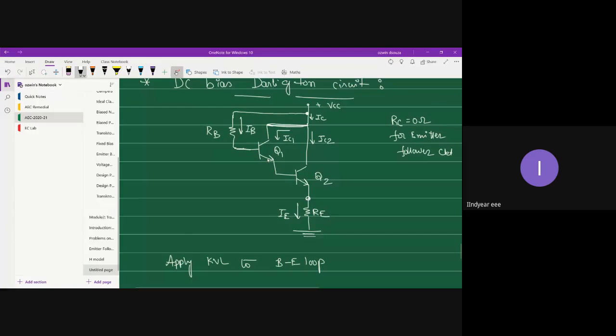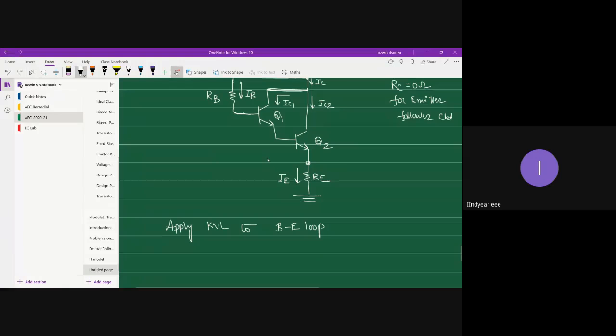So what do you get? Okay, what you have to observe here is that this is base and this is emitter, right? And once again, you have the base terminal of the second transistor, and you also have the emitter terminal of the second transistor. So there will be two base to emitter voltages. So this is VBE of the first transistor. Similarly, you have VBE of the second transistor, plus minus, plus minus.